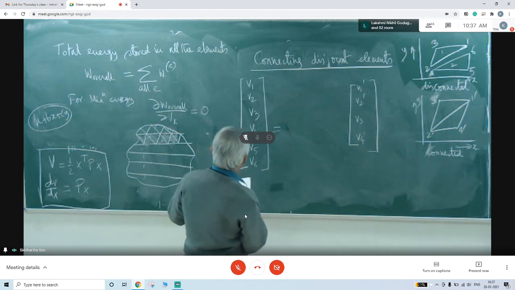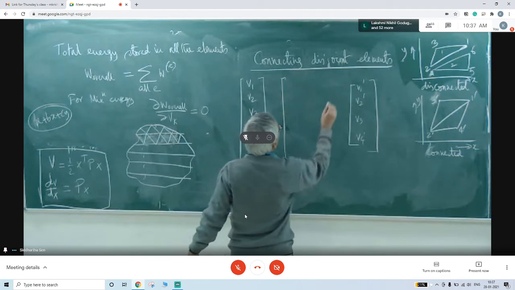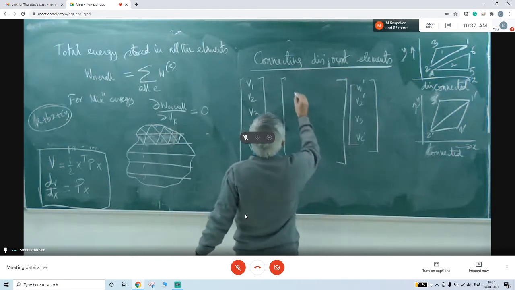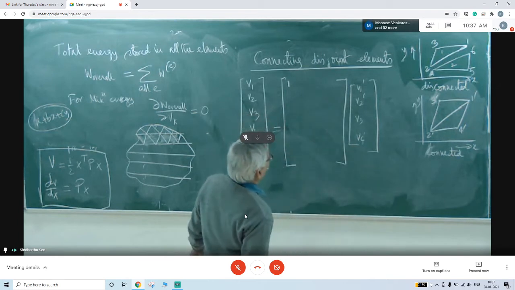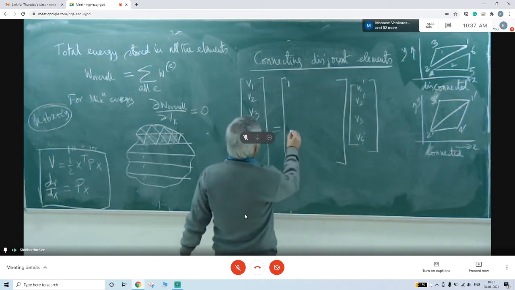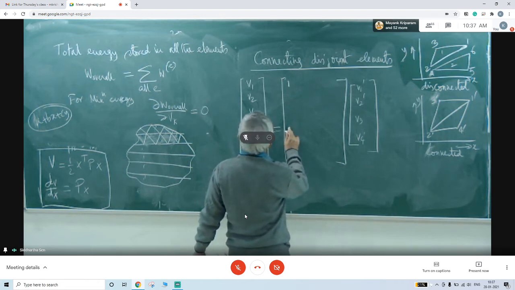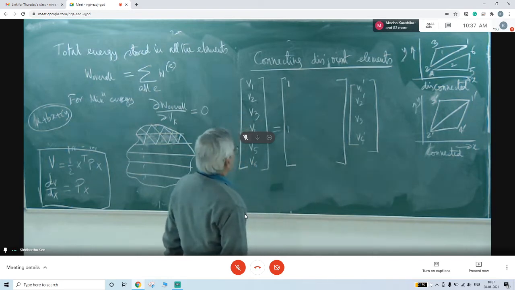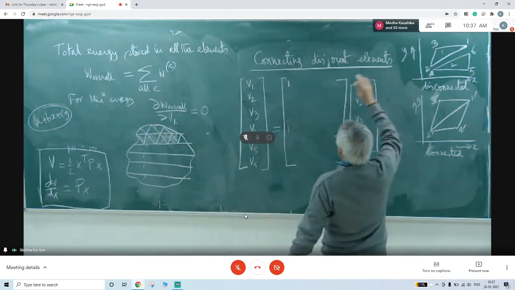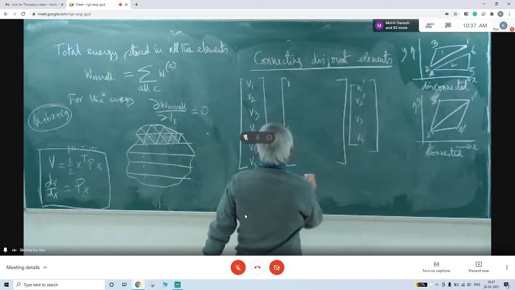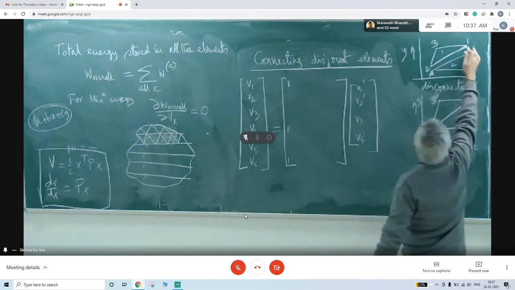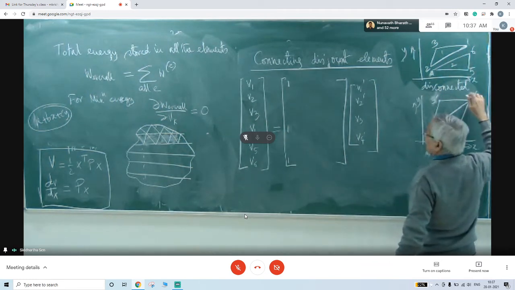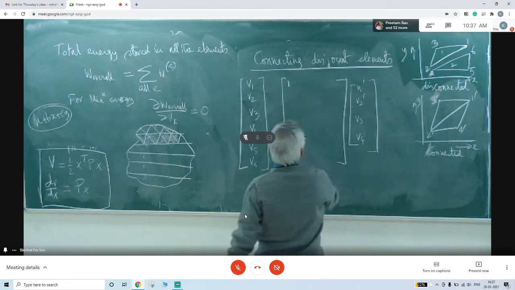So V1 is the same as V1 dashed, and simultaneously V6 is also the same as V1 dashed. So these points are mapped into the same point, V1 dashed.